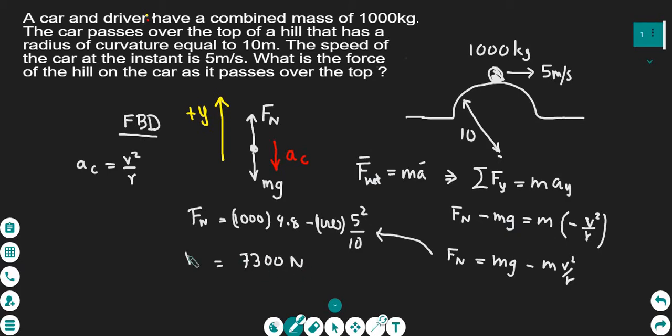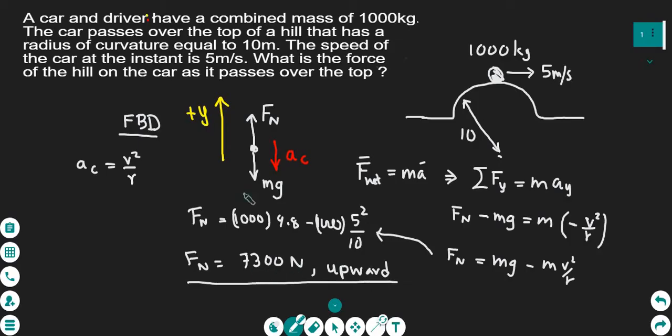But remember, this is just the magnitude of the force exerted by the hill on the car. However, if we consider the direction, it's in an upward direction. Okay, so that's how you solve this problem.